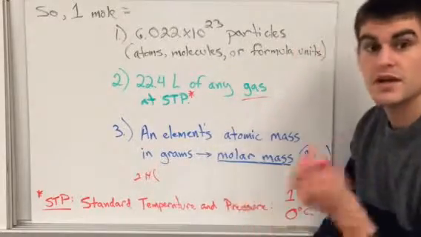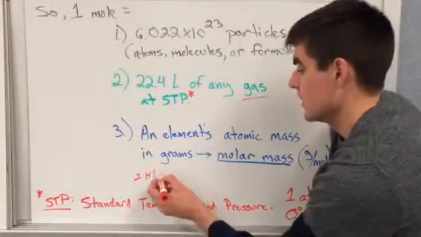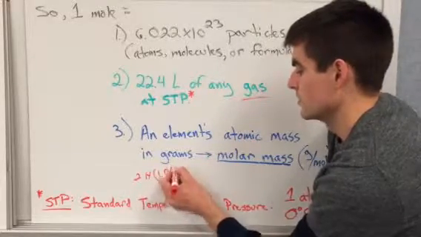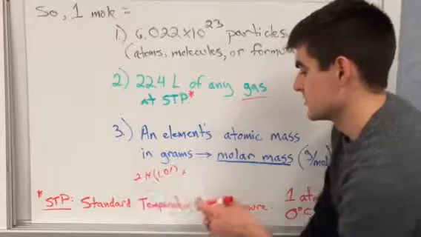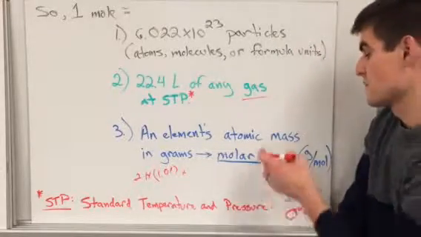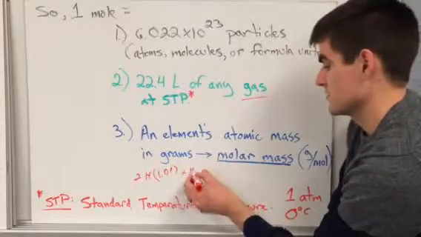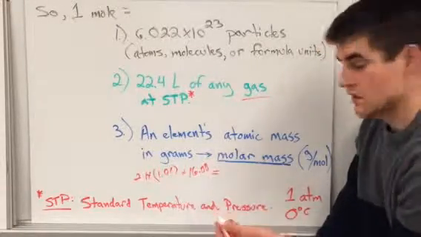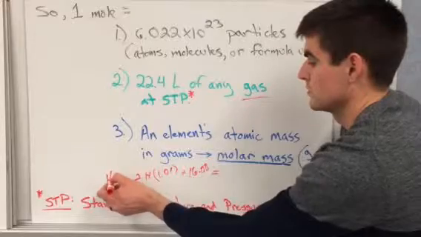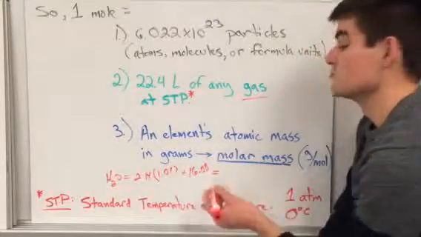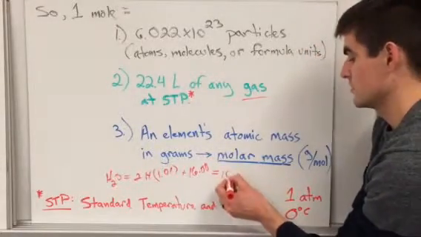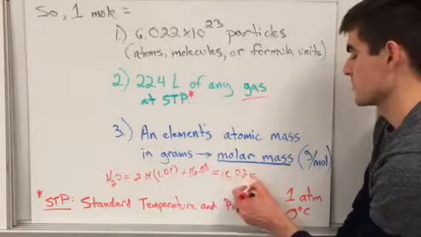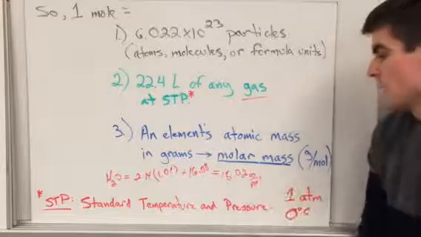If I look at the periodic table, hydrogen's atomic mass, so the number on the bottom, 1.01, times 2, plus oxygen's atomic mass, which is 16.00. Add those together. Water, H2O, has a molar mass of 18.02 grams per mole. Sorry for the writing here.